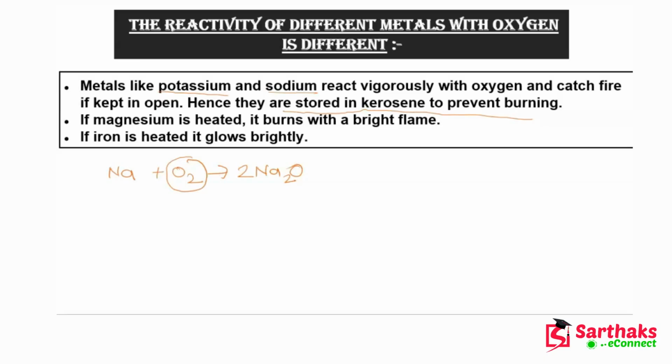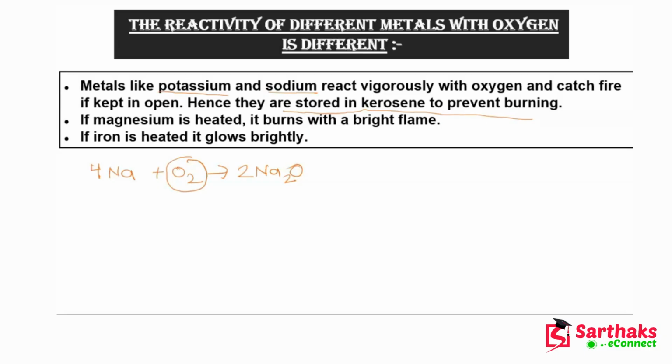So what will I have to do? I will have to multiply this sodium by 4, because as you can see, the number of sodium atoms is 4 after multiplying with 2. When I didn't multiply it with 2, the number of sodium atoms was 2.